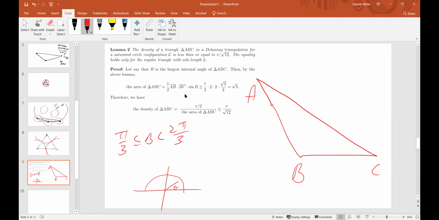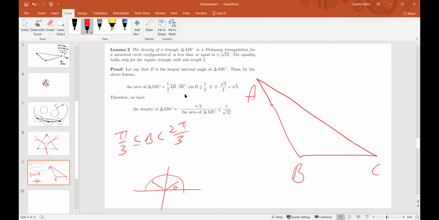Right? We've seen this a couple of times, that sometimes in these proofs it's really just elementary facts. What's nice about pi over 3 and 2 pi over 3, what can you tell me about their sines? It's the same. So the smallest value of sine is going to be at either extreme.